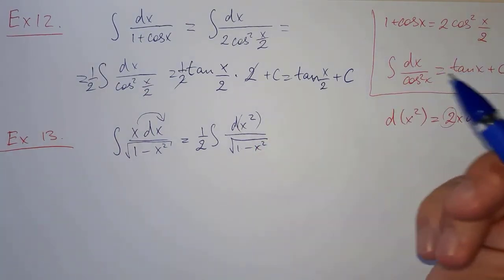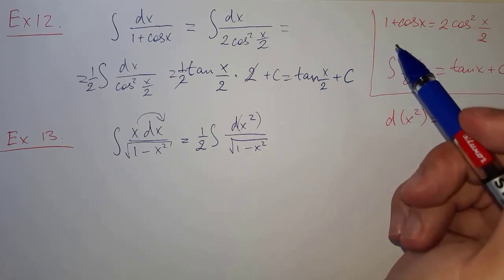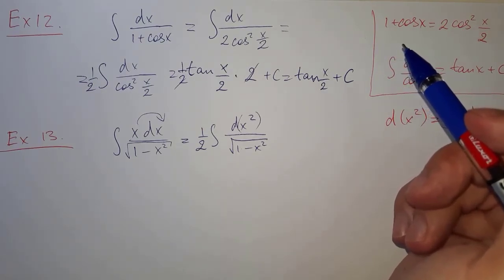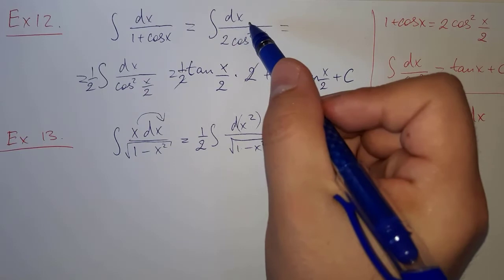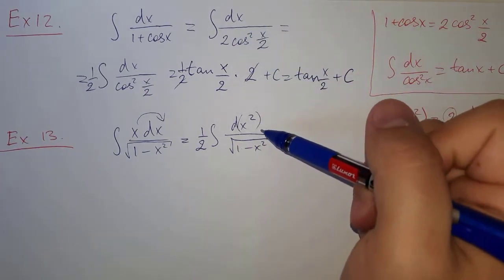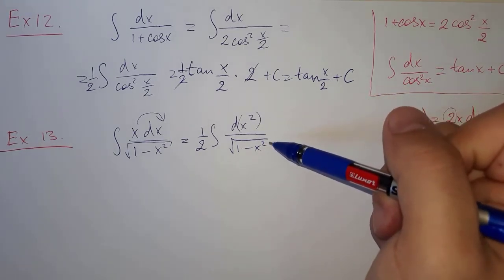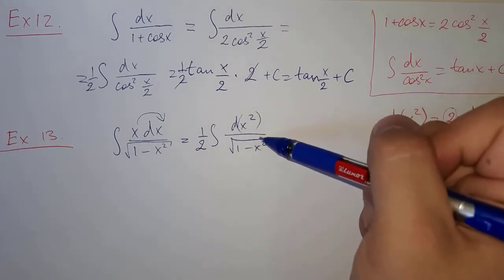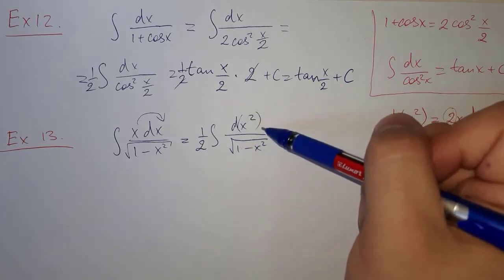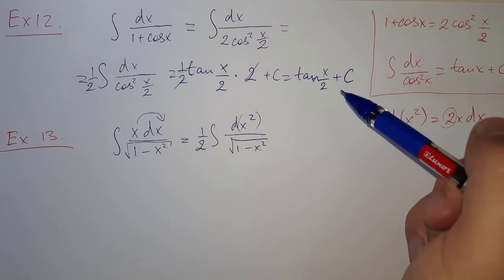In previous examples, we computed our indefinite integrals with respect to x. In our case, now we can compute it with respect to x squared. Now our variable is x squared, and by this variable we should integrate our function.